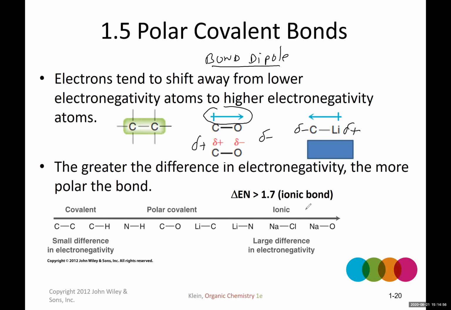Sodium chloride is best thought of as the electrons being transferred entirely to the chlorine, forming chloride ions and sodium cations. As a very rough rule, and this is not a law of science, there are exceptions: when the difference in electronegativity between the atoms is greater than about 1.7, you can think of the electrons as being transferred, resulting in an ionic bond.